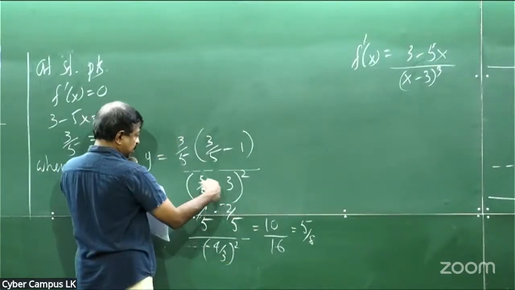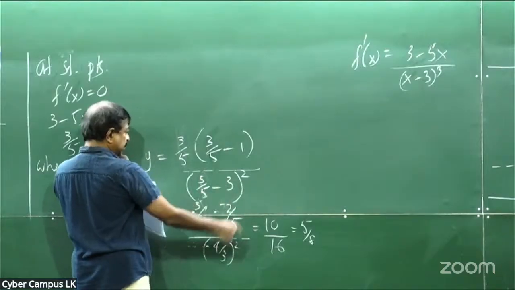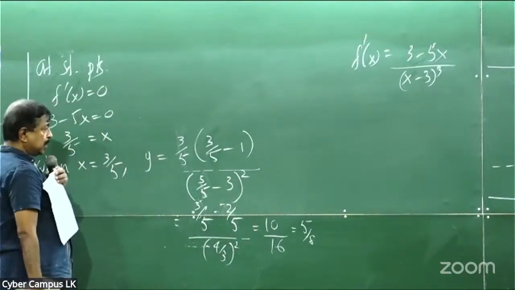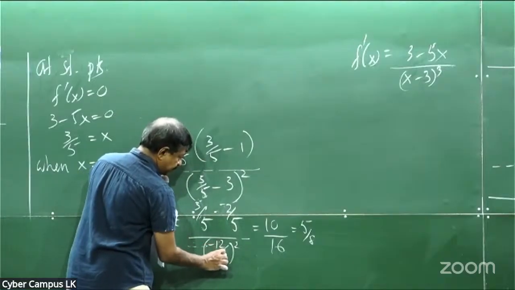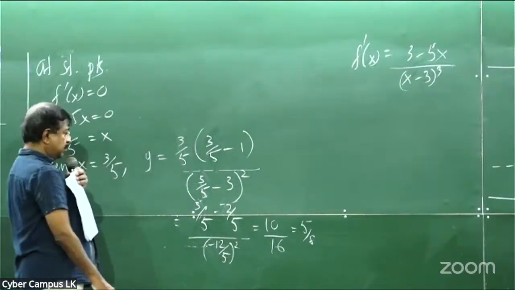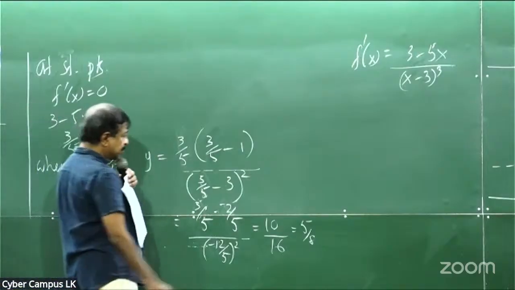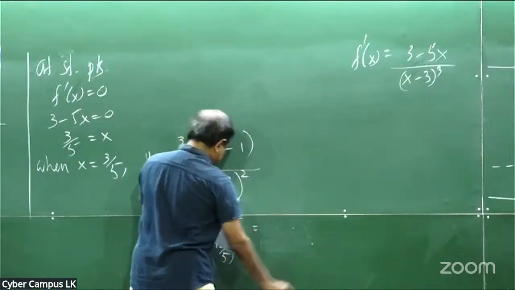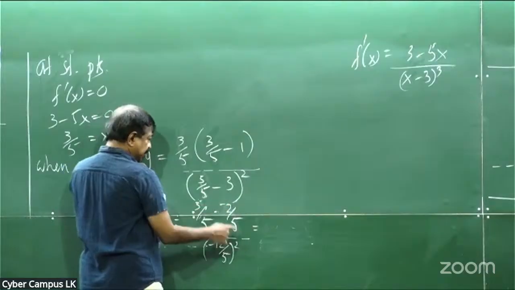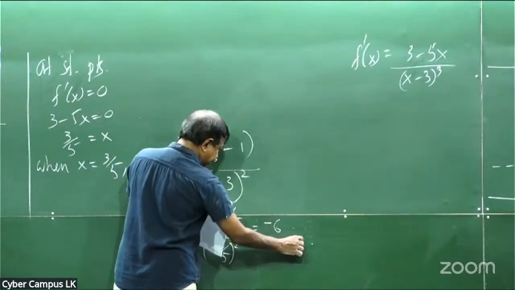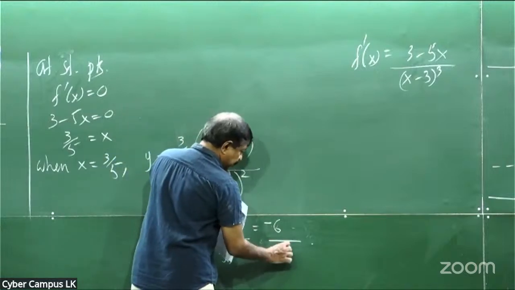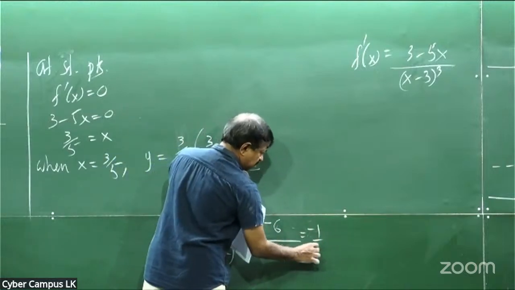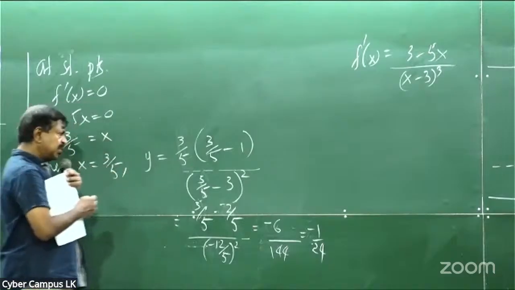This is 3 minus 15. 3 minus 15 is minus 12. Now it is not that fun. This is what you get. 3 times minus 2 is minus 6. Downstairs you get 12 squared, 144. Minus 1 over 24.